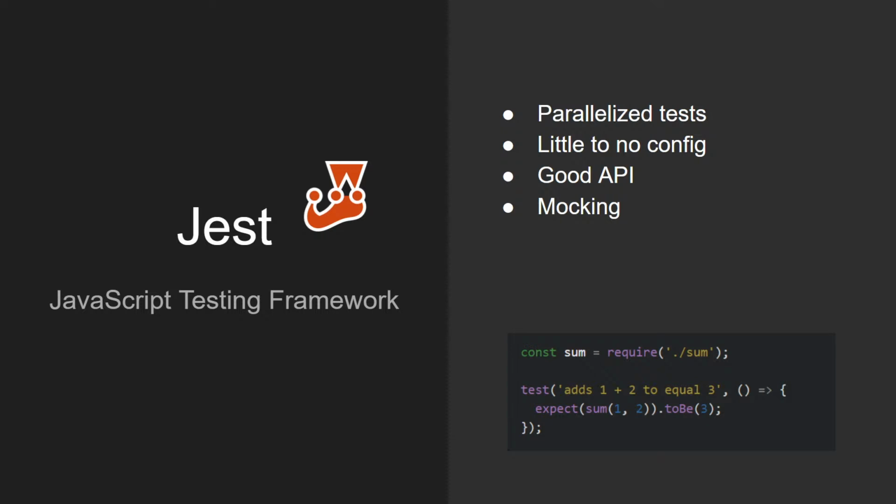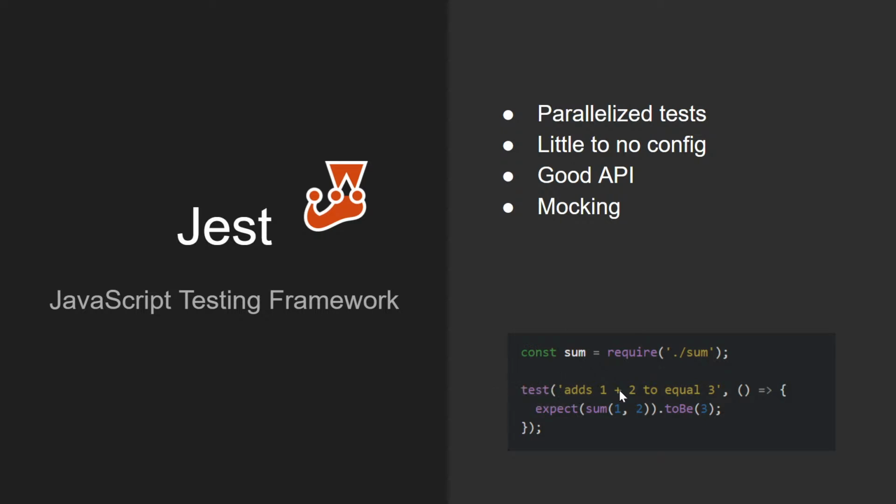The API is pretty good, and it allows you to mock functions or modules in order to more effectively unit test and isolate pieces of code.